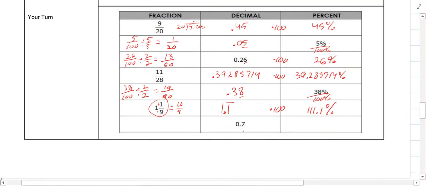And this next one right here, we have got to multiply by 100 to go this way. It's going to be 70%. Remember, it goes over 2 times. Common mistakes, some people say 7%. All right, and then going backwards, this is in the tenths place, so that's 7 tenths. And that's as reduced as you can get.